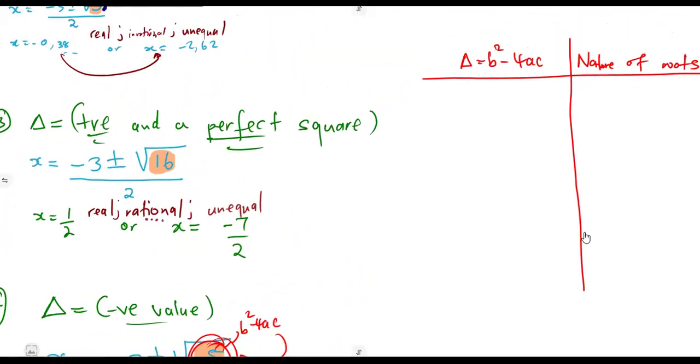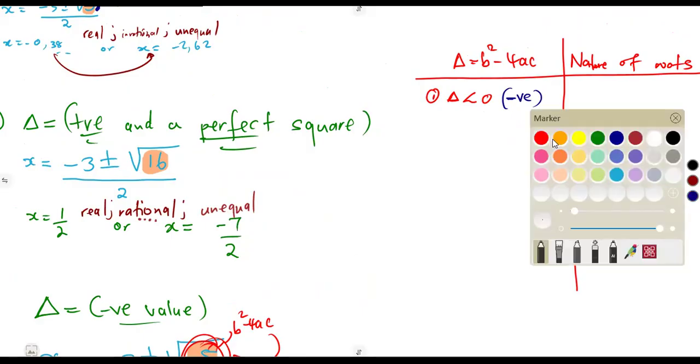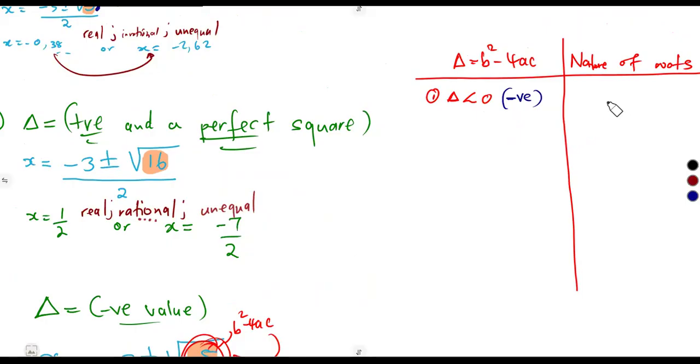So if our delta is less than 0, that's when we have a negative value under the square root. Remember, this is under the square root. When there is a negative value under the square root, we saw that the roots do not exist, for example the square root of -3.